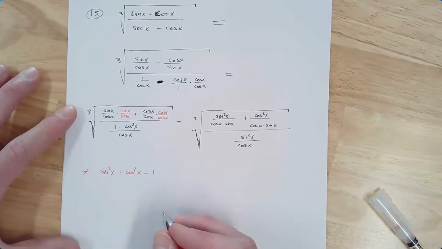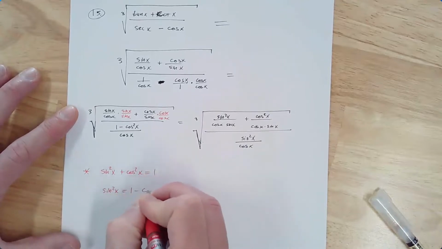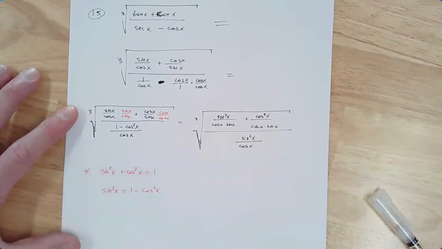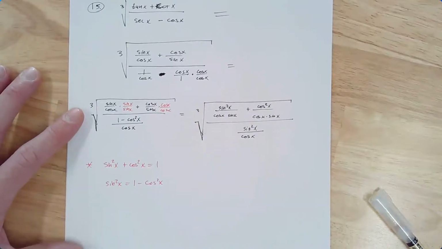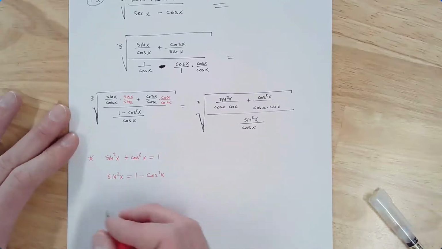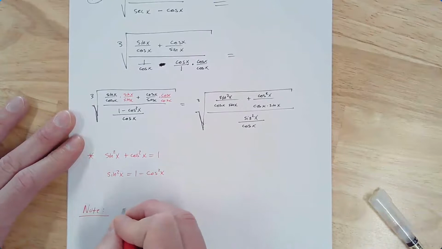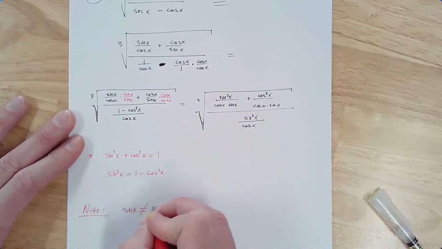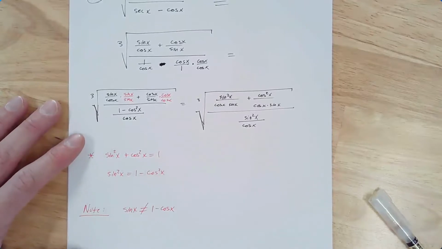Or in this case, if you isolate sine squared x, it equals 1 minus cosine squared x. I do want to really emphasize to everybody, I know we're out of time: sine x does not equal 1 minus cosine x. You have to have the squares there.